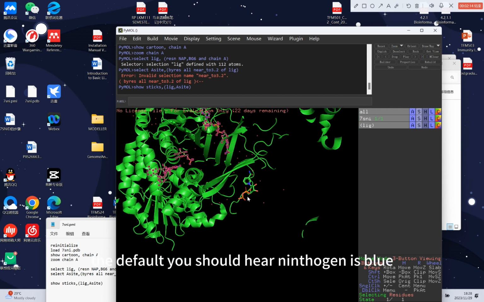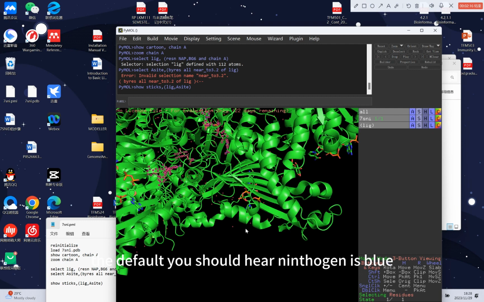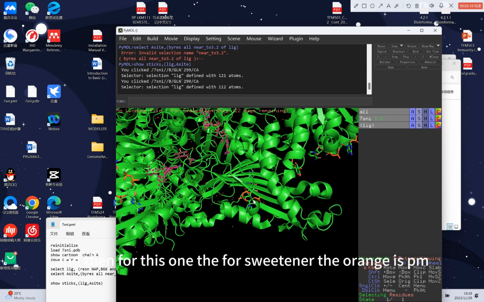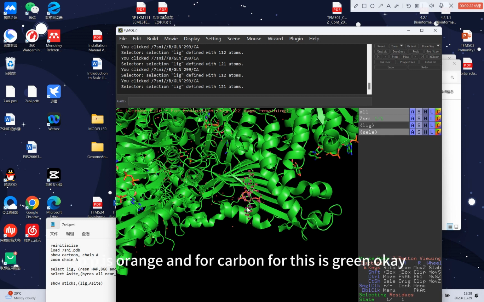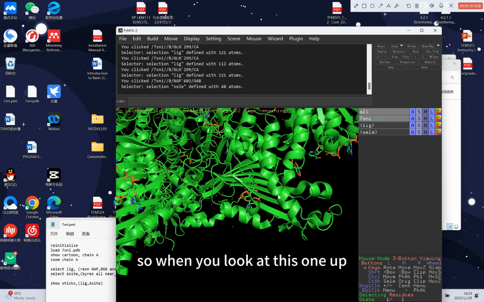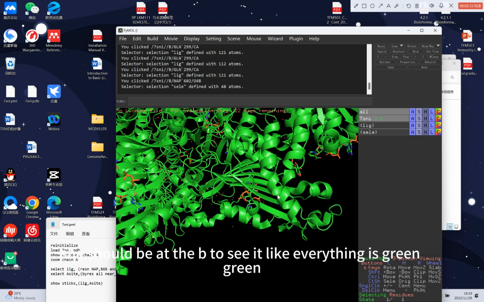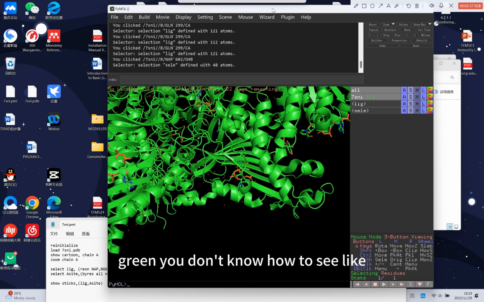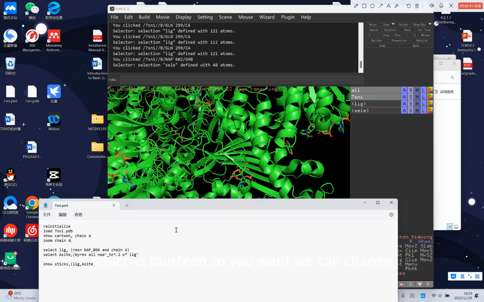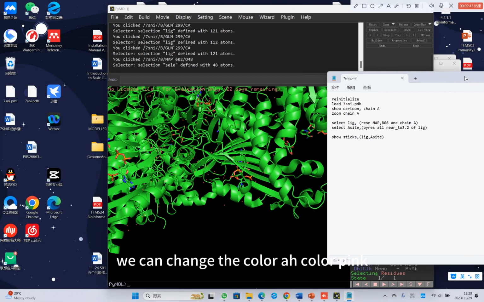The default usually is nitrogen is blue, oxygen is red, and for the phosphate, P is orange, and for carbon, this is green. Okay, so when you look at this one, it's a little bit difficult to see. Like everything is green. You don't know which is ligand, which is protein. So we can change the color.